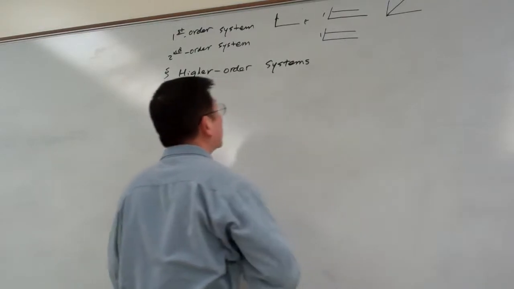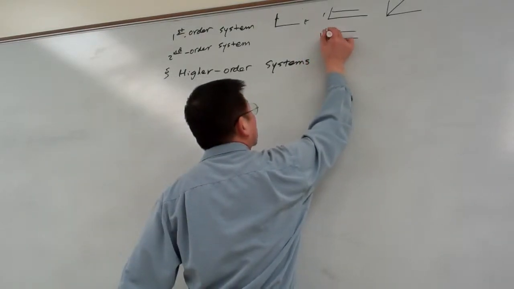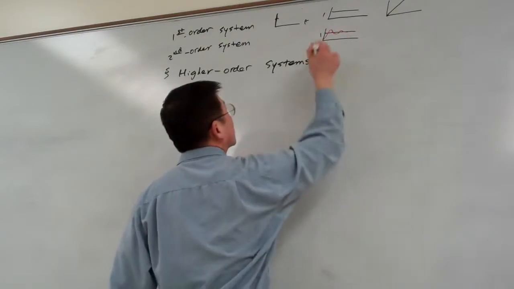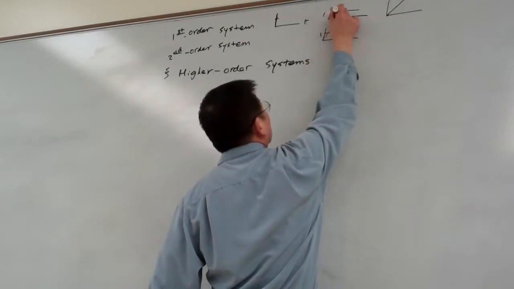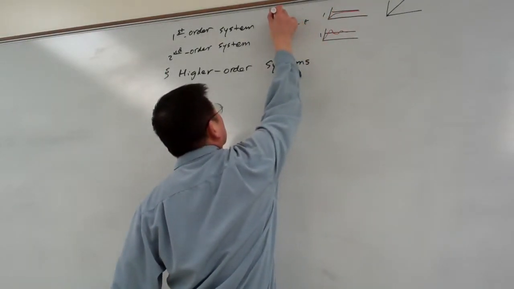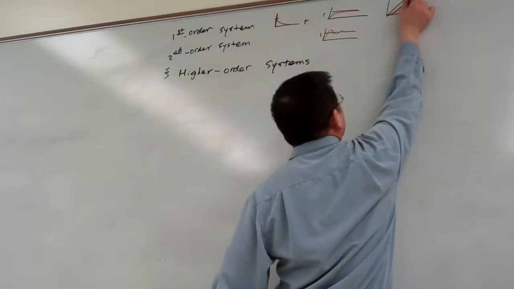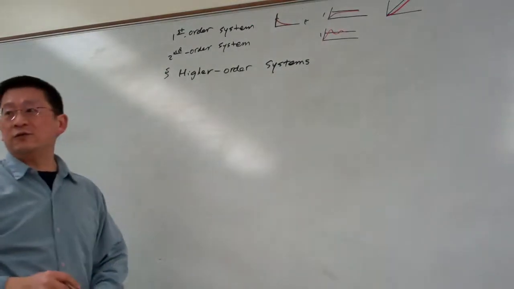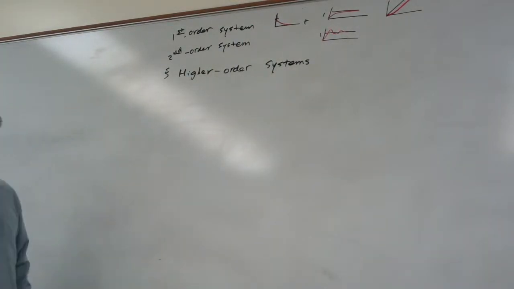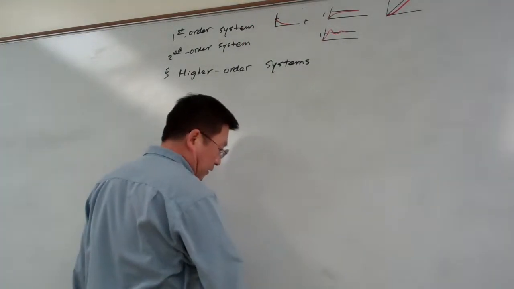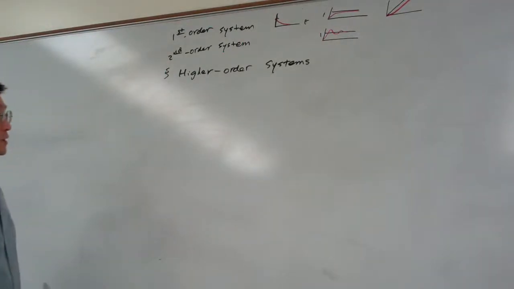Basically the curve is something like this, for this curve something like this, and those things we've seen before. So you can go back to find your lecture notes for individual details.